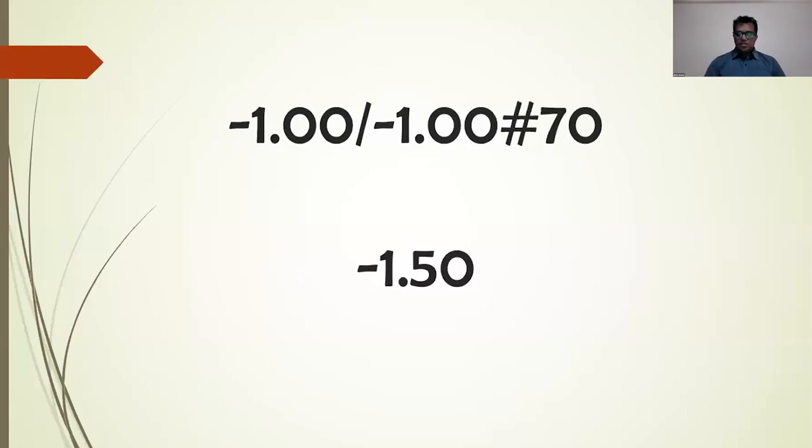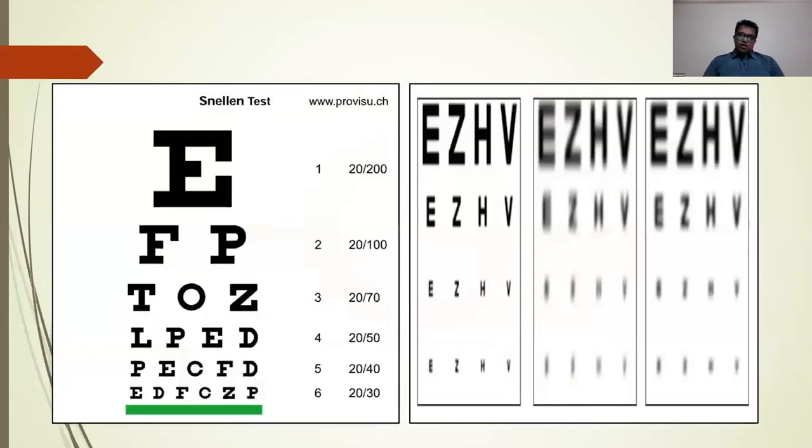Imagine you have such situations, and instead of a spherocylinder, you end up giving a spherical prescription, or a spherical equivalent prescription, and you correct his vision only to about 6/12 or 6/9. So you have 100% 6/6 vision on one side, and a 6/12 or 6/9 vision on the other, and the patient is saying, sorry sir, I'm not able to see clearly as I should be seeing, or you end up saying, no sir, this is the best corrected vision that you have.